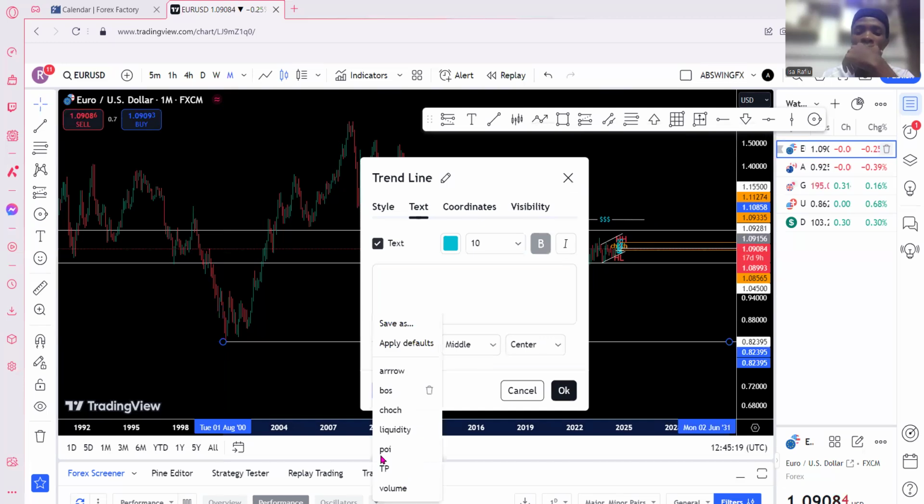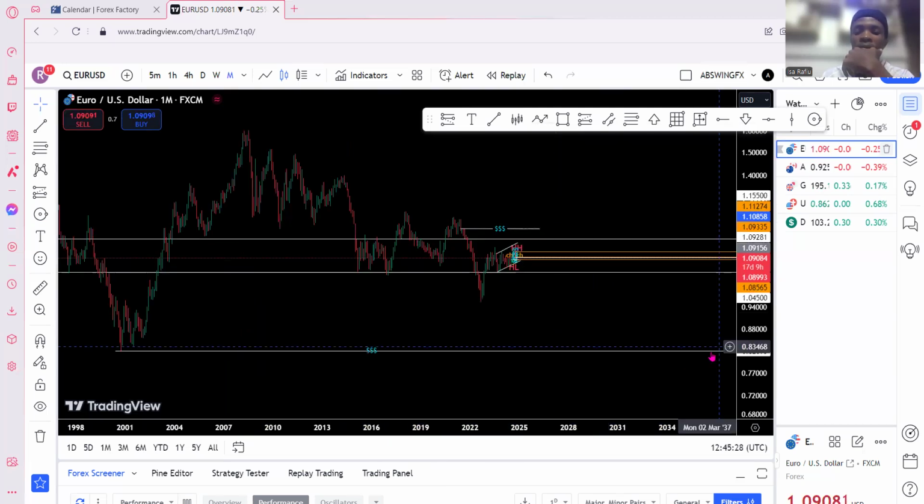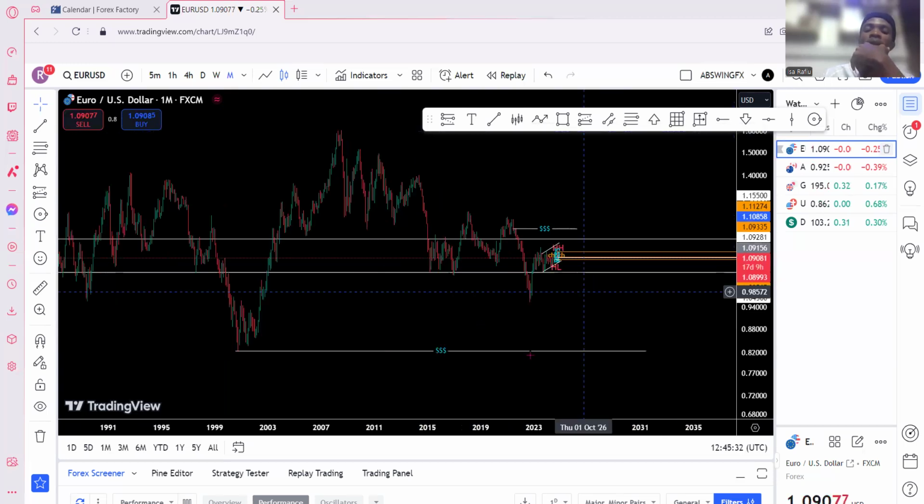I'll be very fast regarding this. I don't need too much time. That's the liquidity point, and the market needs to sweep.